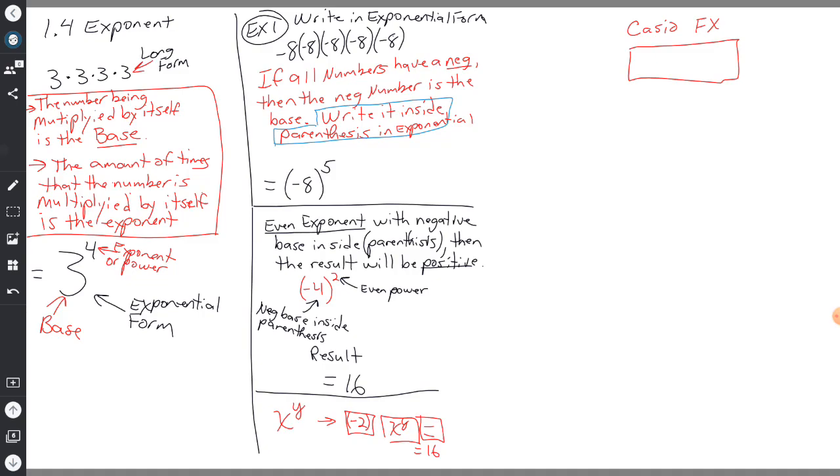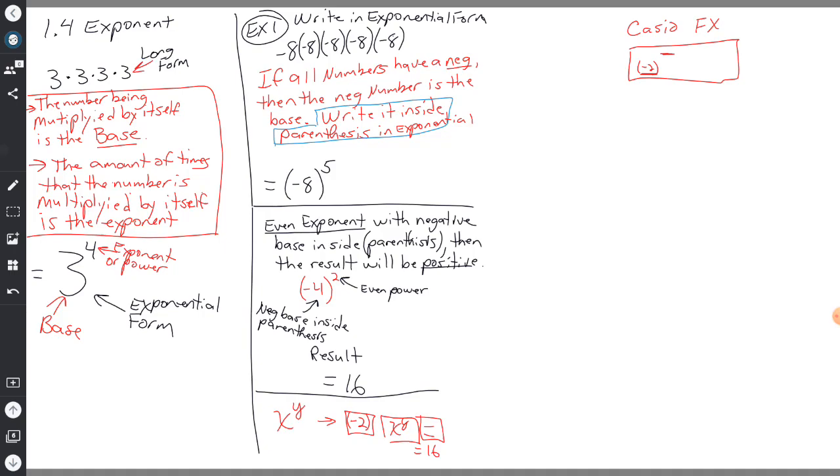So the buttons that you actually use, let's say, for example, this button right here. What it does, it gives you the prompt to put in what your power is, and then you put negative 16, negative 2 rather, but I would tell you to put it inside of parentheses and then your power.